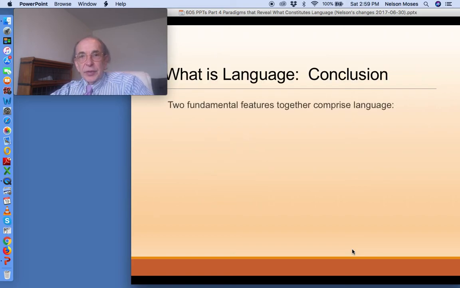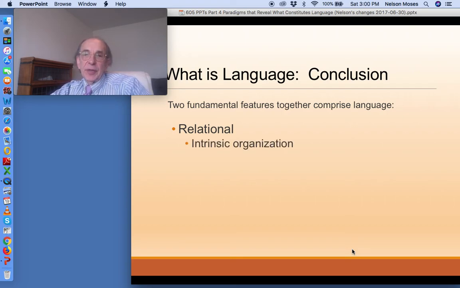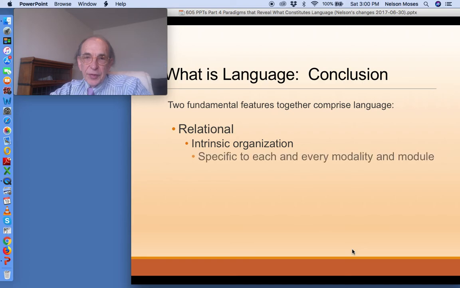So, in conclusion, by the way, I often think about these different paradigms in terms of paradigms that are relational in nature, like the Bloom and Leahy and Chomskyan paradigms that really focus on intrinsic organization, mind function, and what the mind brings to speech and language that needs to be assessed.